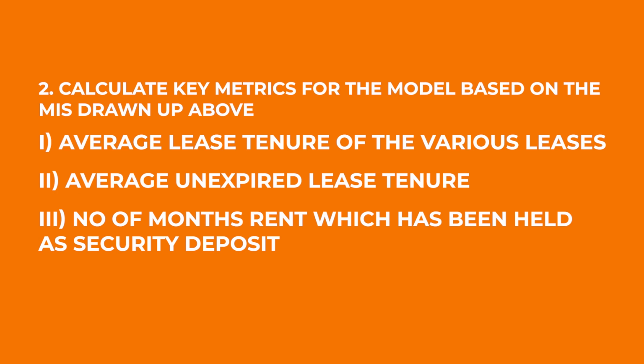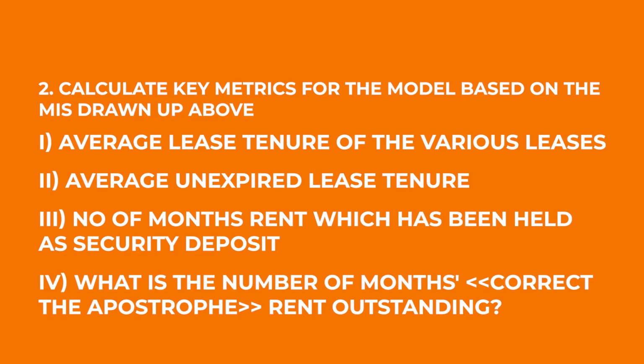Number three, number of months rent which has been held as security deposit. So is the security deposit worth 2 months of rent, 3 months of rent? What is the average number of months rent which has been held as security deposit? Number four, what is the number of months rent outstanding? So this particular clause will come into play if there is some kind of financial stress.